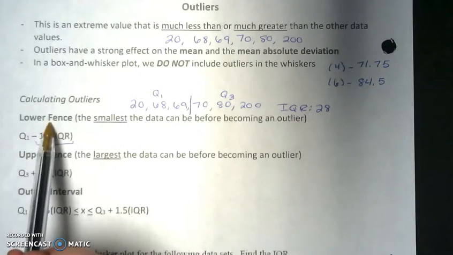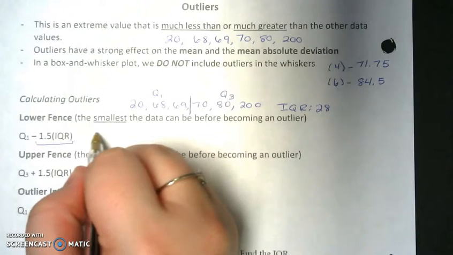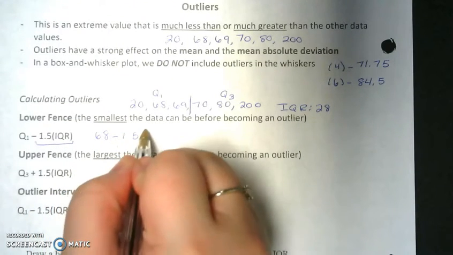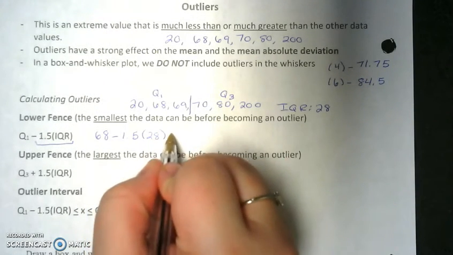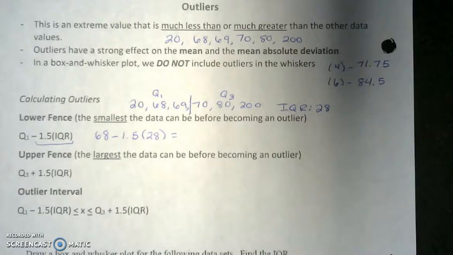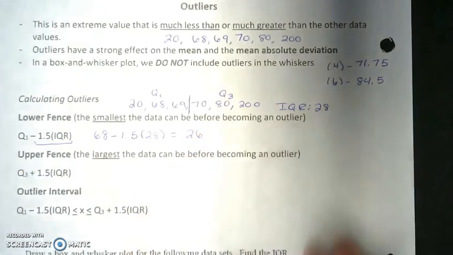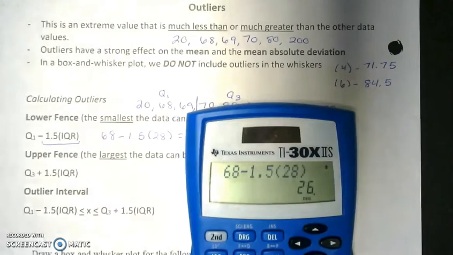Now, our lower fence, so we're going to take the lower quartile, which is Q1, so 68, minus 1.5 times our IQR, which is 28. So we're going to go ahead and plug that in a calculator. And we get 26. So again, I'm just plugging exactly what I see in the calculator.